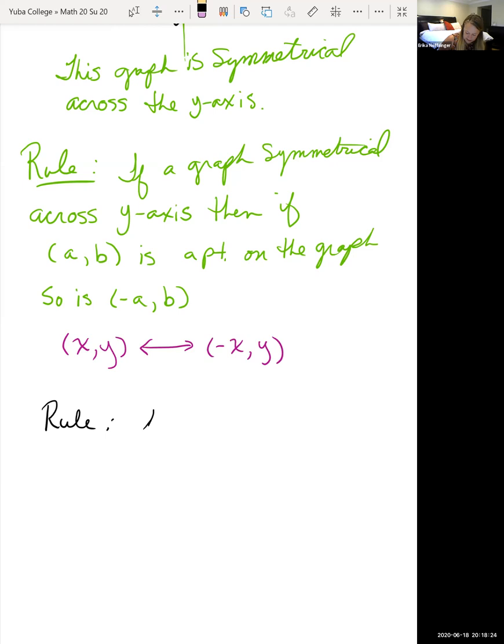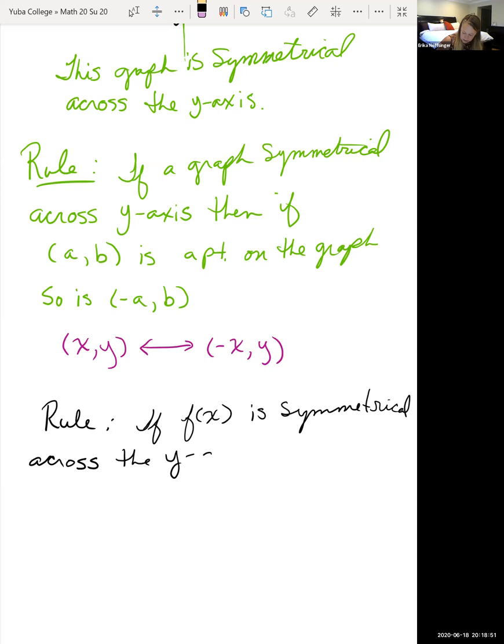So another rule: if f of x is symmetrical across the y-axis, and I said x again, I meant y, then we know that if you plug in negative x wherever you see an x in the equation, you should get back the original equation, f of x.